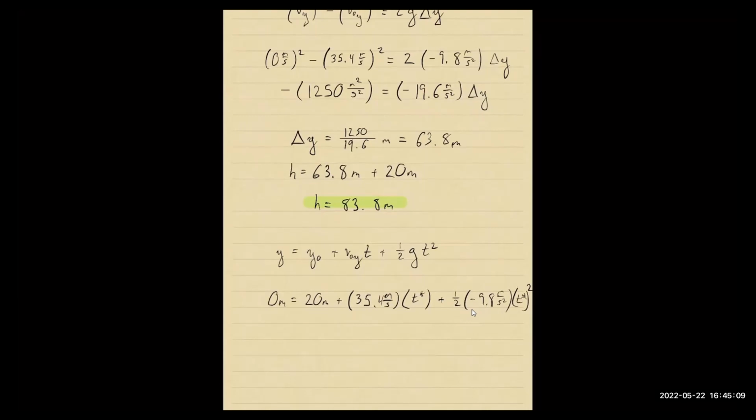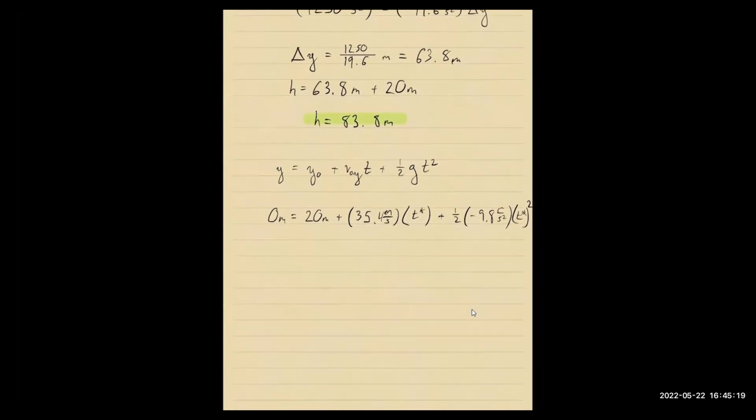If you guys have any questions about how I did this, please feel free to stop me and I will show you step by step. I'm going to gloss over a little bit here. So we're going to have 4.9 meters per second squared times t star squared. I just did 1/2 times negative 9.8 times t star squared, and I moved that over to the other side.